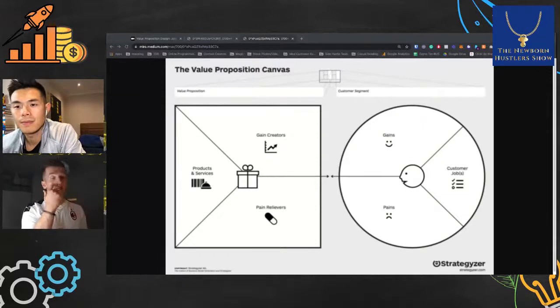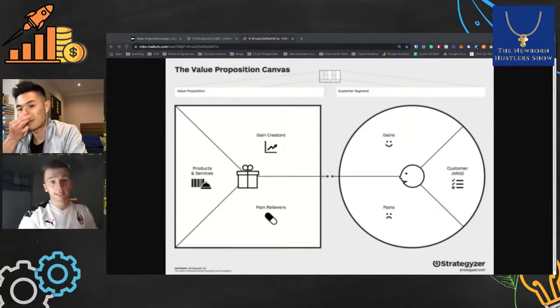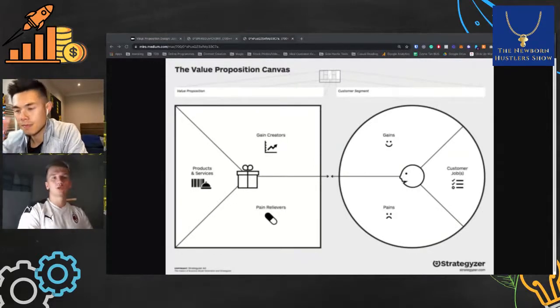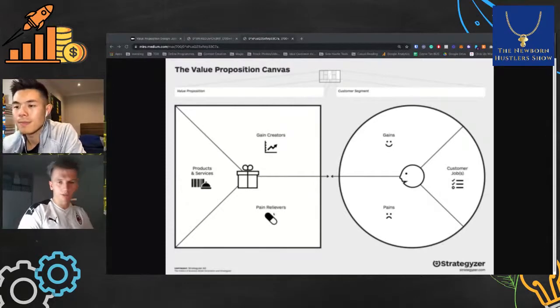And then the other side of this apple is your business, your products and services that you provide to your customers, and gain creators that will correspond to the gains that this potential customer is expecting to get, and pain relievers, so benefits of your products that will make your customer's pain go away.